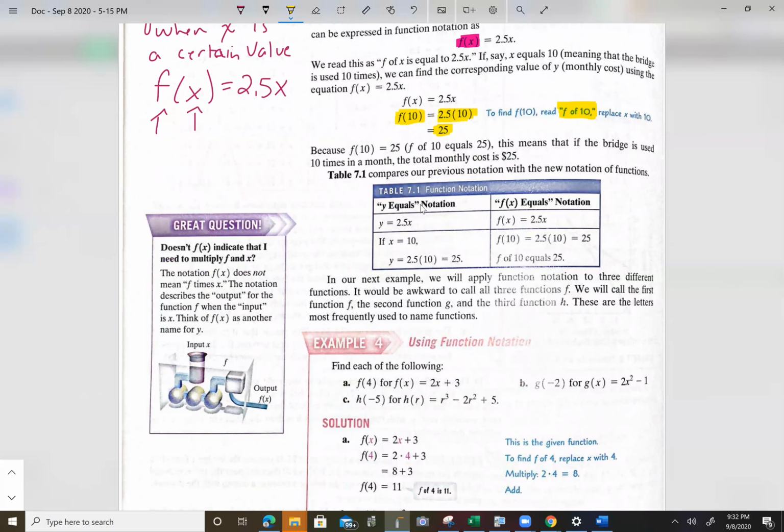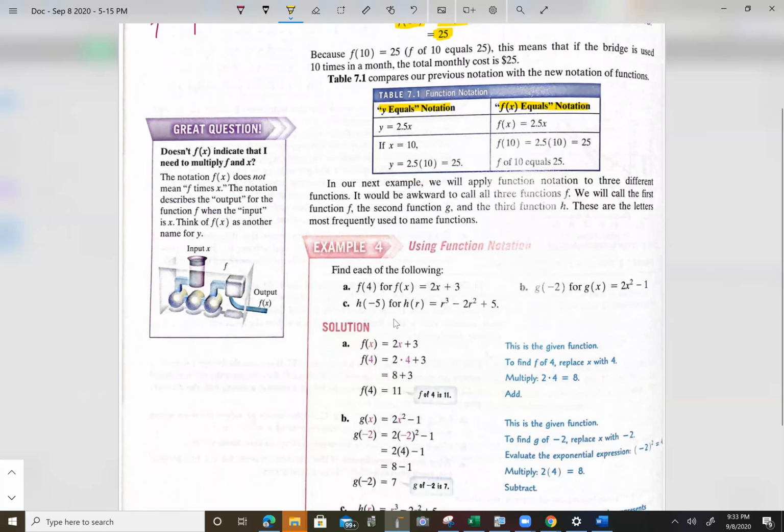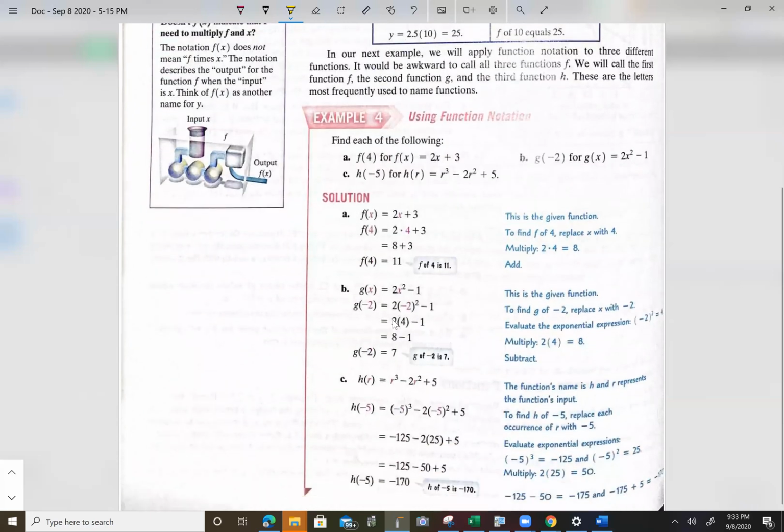So down here, it just kind of shows you the two different ways to look at it. You can always use y equals in an equation. You can only use function notation if you know you're using a function. And we will get to how you know something is a function next.